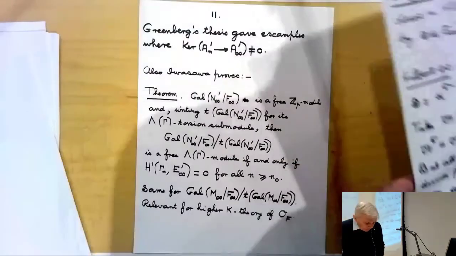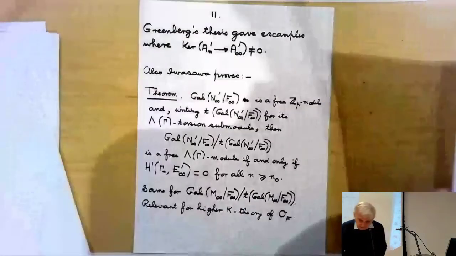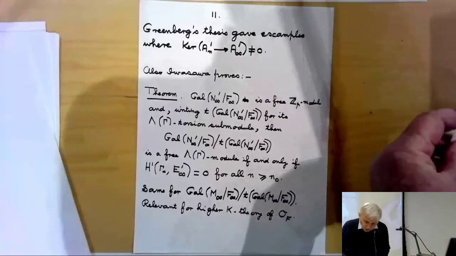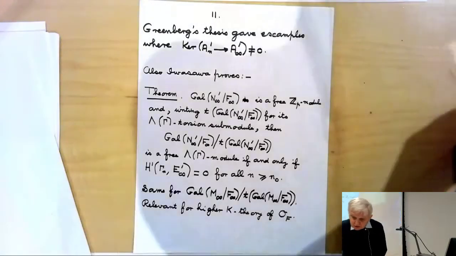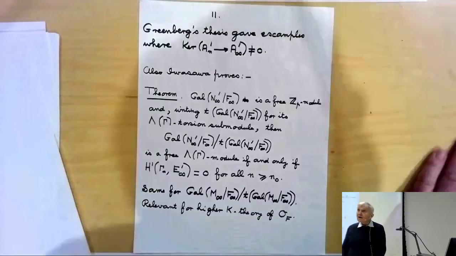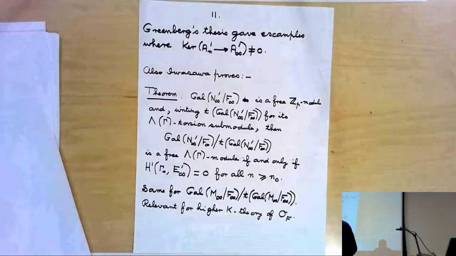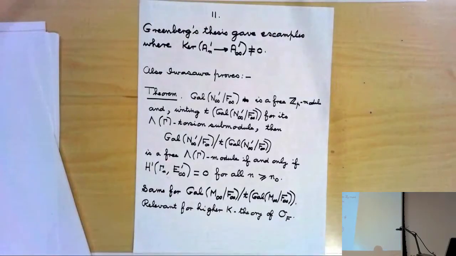But the first real examples up a Z_p extension were studied by Ralph Greenberg in his Princeton PhD thesis, and I was hoping to see Ralph earlier to get him to remind me. He found some beautiful examples where the base field F is a real quadratic field, and I guess p was 3. Ralph, are you here?